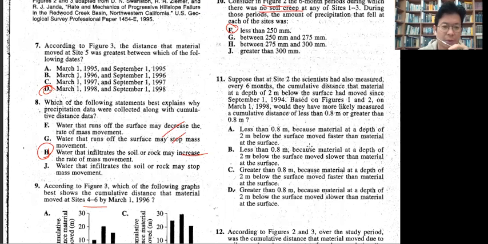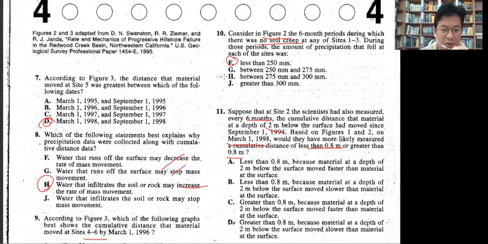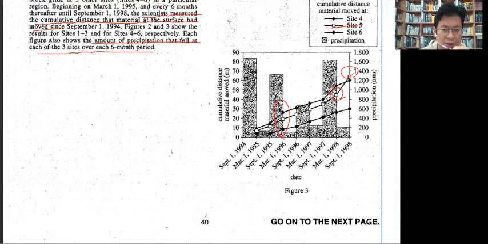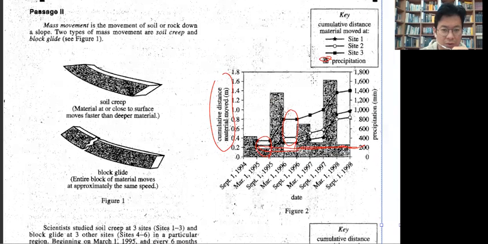Okay, 11. Suppose that at site 2 scientists also measure every 6-month cumulative distance that material at a depth of 2 meters below the surface had moved since September 1st, based on figures 1 and 2, March 1st, 1998. Is the measured cumulative distance less than or greater than this? Okay, site 2, March 1st, 1998 is this one.